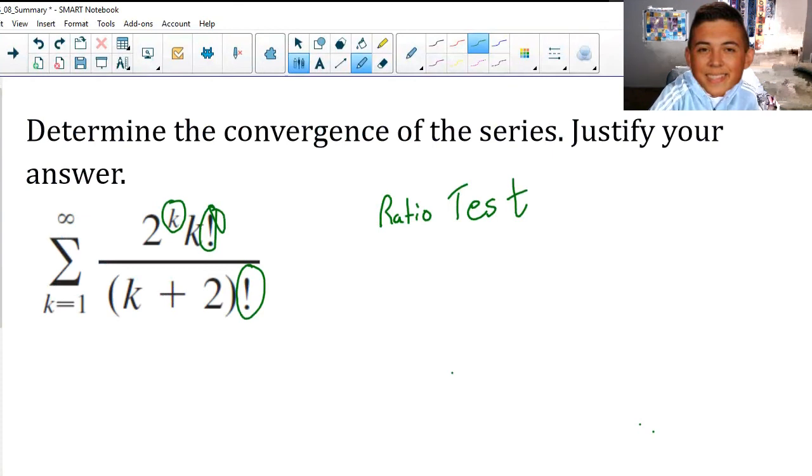P series, 1 over n to the power of something. Geometric series, it's in our geometric form. Alternating series, we have some sort of -1 to the power of something. Okay, and etc. and so forth. So it's about recognizing key pieces that we can then say, I think this would be the best test.